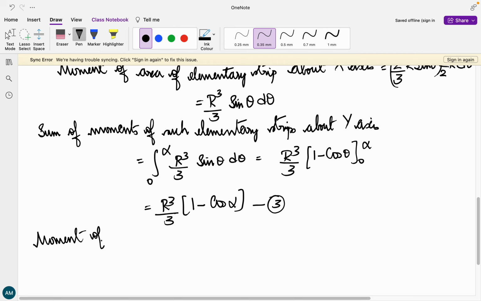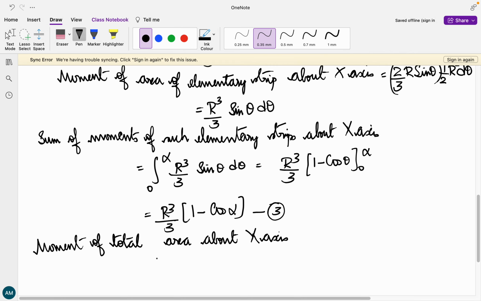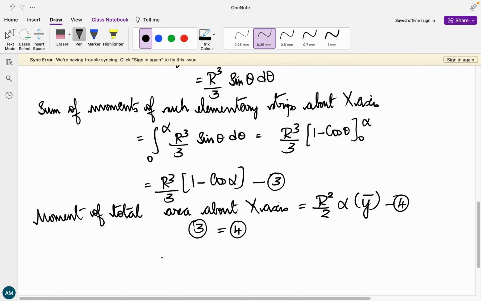Now the moment of total area about the y-axis, sorry, this is about the x-axis, and this is also about the x-axis. About the x-axis it is r square by 2 alpha into y bar. Call this equation 4. Equate equation 3 and 4.